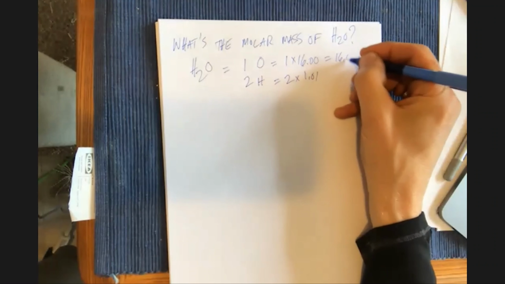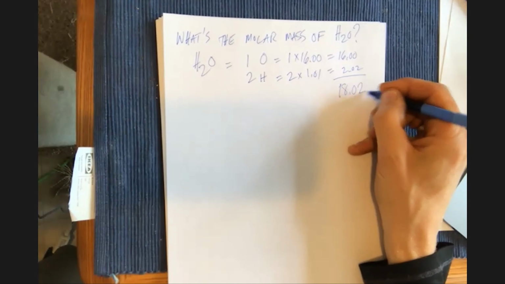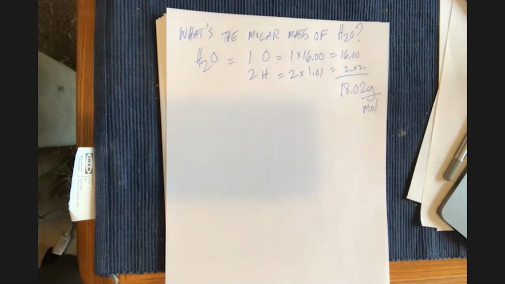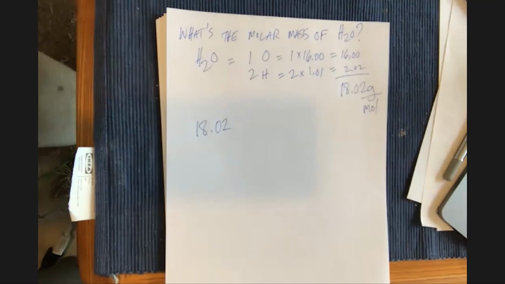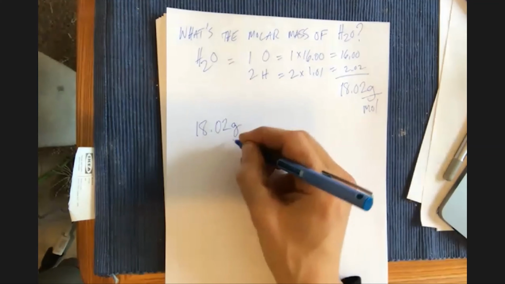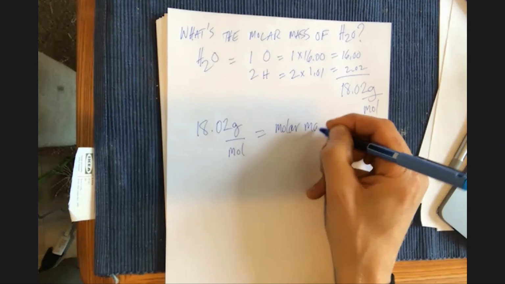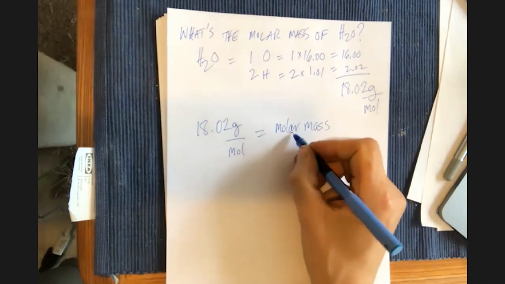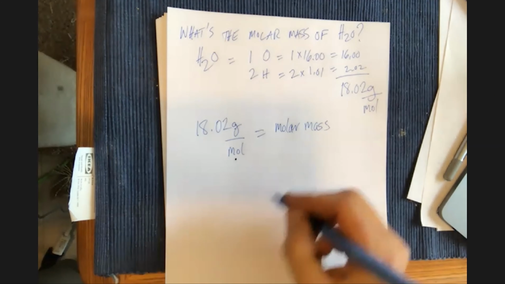So 16.00 plus 2.02, add those together, 18.02 grams per mole, which is exactly what you just said, right? Yep. So you knew that the molar mass of water is 18 grams per mole. Just like the speed, you know that molar mass is equal to mass divided by moles. It's given to you. You may not have seen it in there, but you know it.